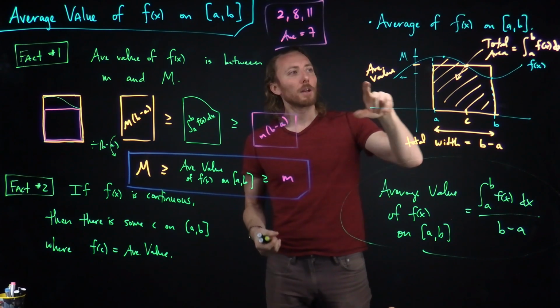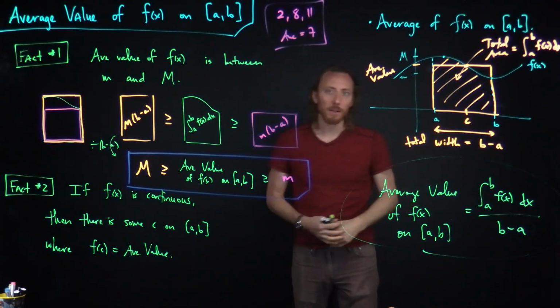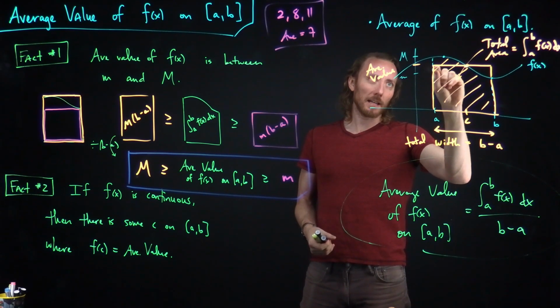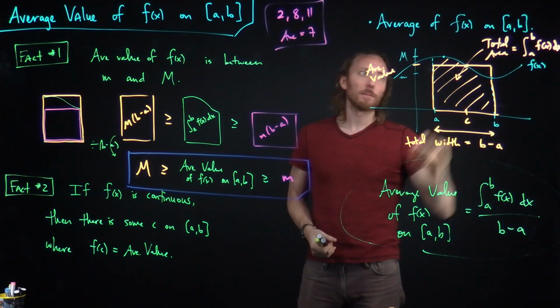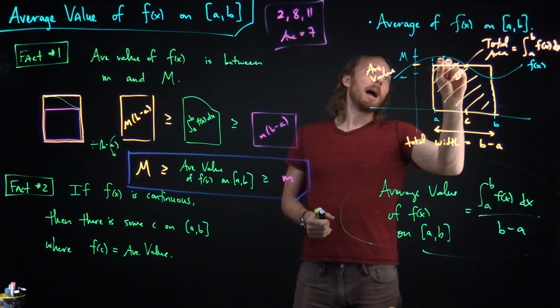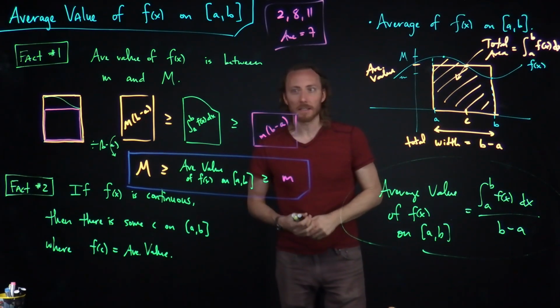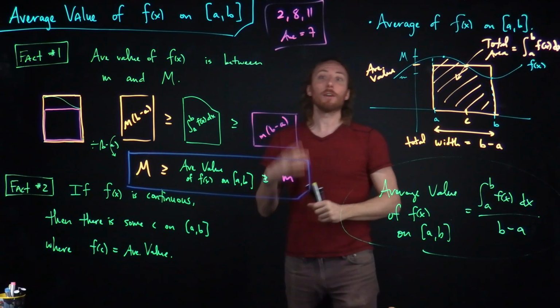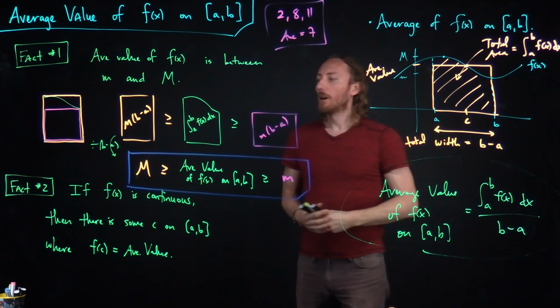However, if you're computing the average value of a function that is continuous, because the function is continuous, it will attain every value between its max and min, right? That's the intermediate value property of a continuous function. And the intermediate value property of a continuous function, the fact that every value between the max and min is attained, will guarantee that the average value is attained along the way.